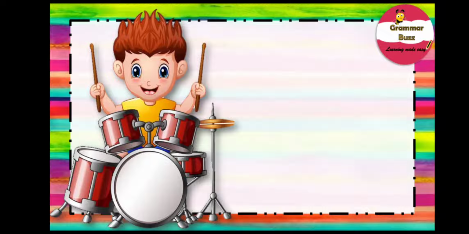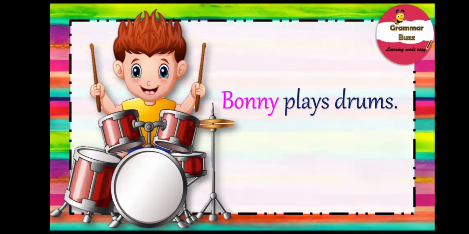Alright, let's give you an example. Okay, so here is a picture of a boy playing the drums. I wonder, what do we call this boy? Okay, so let's say this boy's name is Bonnie. And the sentence says, Bonnie plays drums.